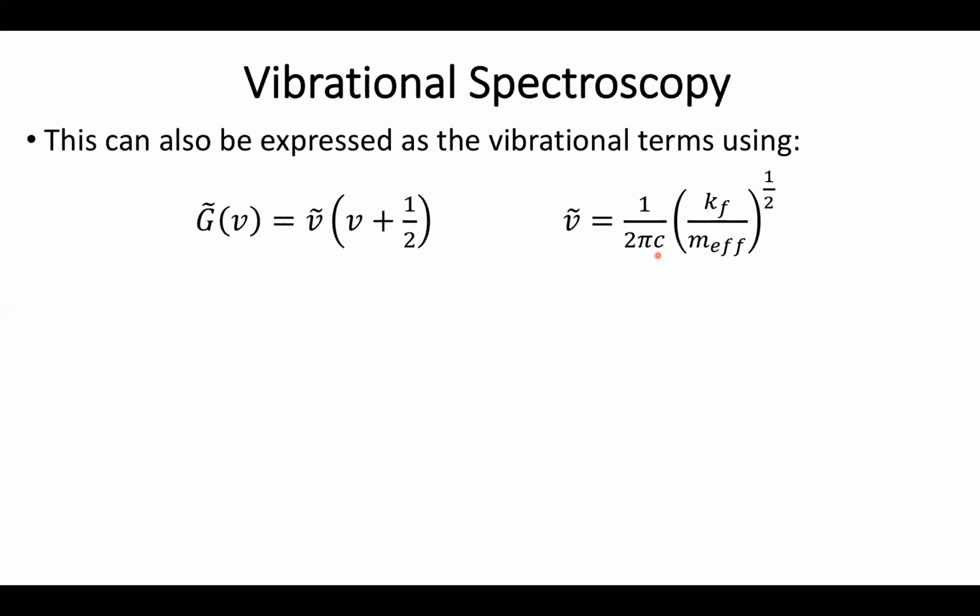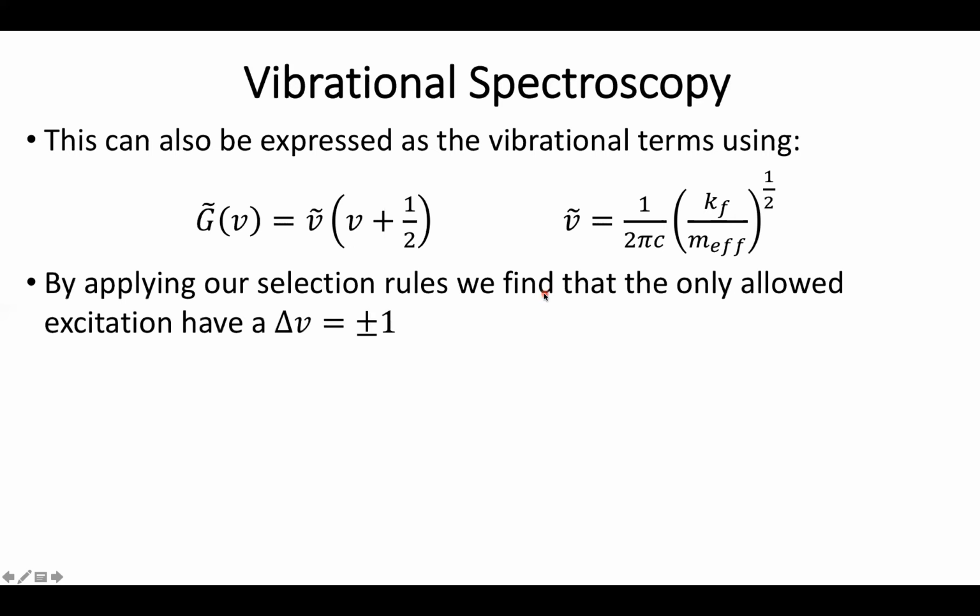So this is going to be the energy difference between levels. And for that, we need to make use of selection rules. It turns out we actually built up selection rules for a harmonic oscillator previously, and when you apply your selection rules, vibrational states are only allowed to increase or decrease by 1.